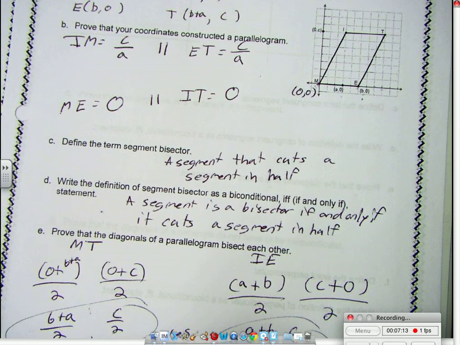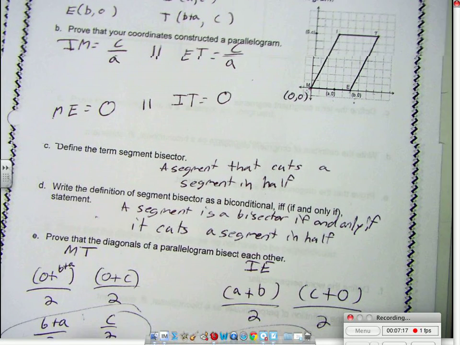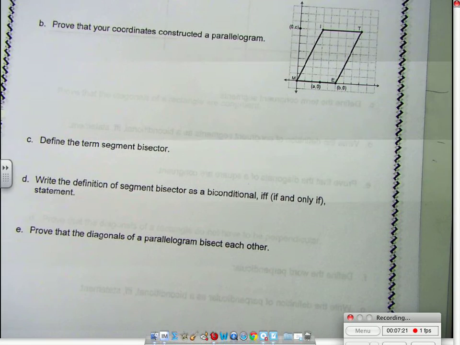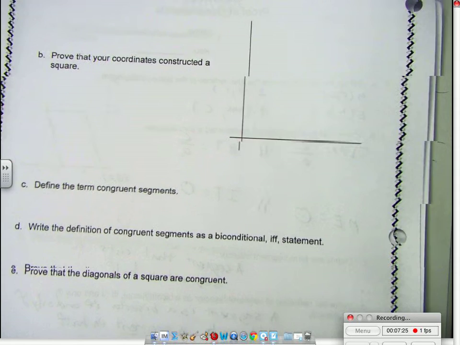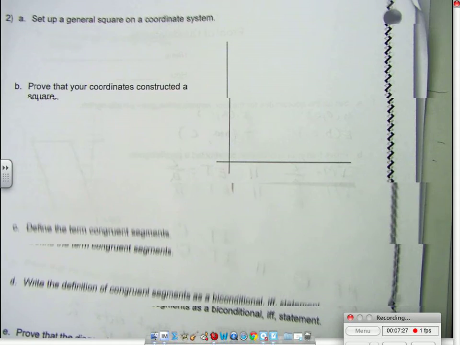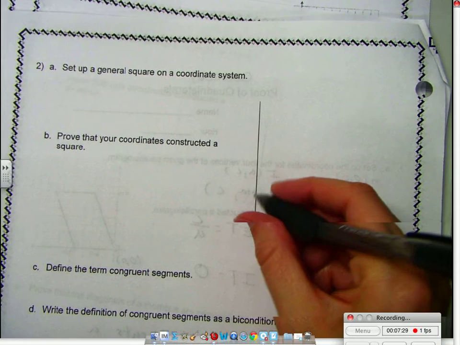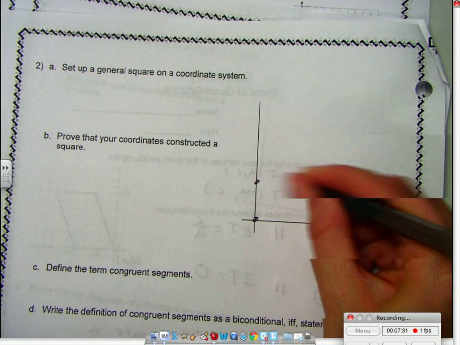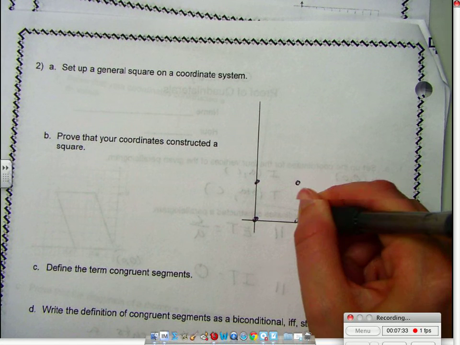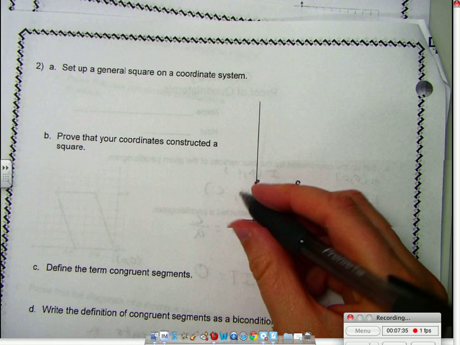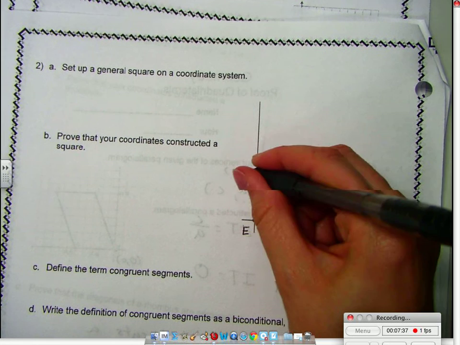Okay, let's set up the points because I think that's the hardest part for number 2. Okay, we are making a square. So I think a good idea is always to start at 0, 0. Okay, I'm going to label them E, F, G, and H. There's my square.